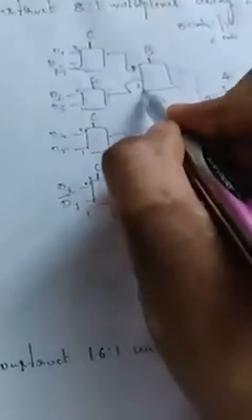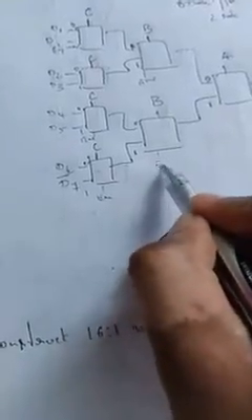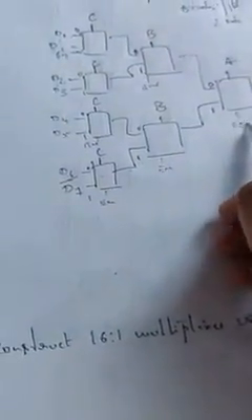Like this. Everything should be connected by enable. This is how you are supposed to construct an 8:1 multiplexer using 2:1 multiplexers. Okay.